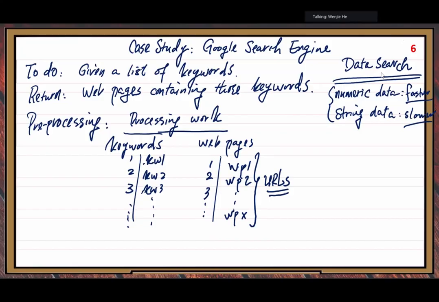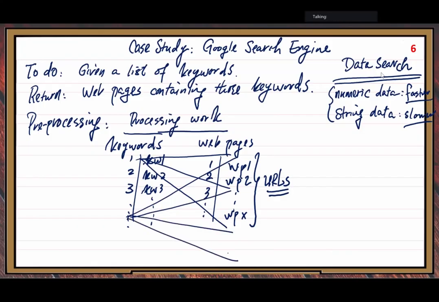Then the processing work. Basically, you need to do mapping, right? Keyword 1 appears in some pages, but keyword 1 may appear in multiple pages. So each keyword appears in many pages.